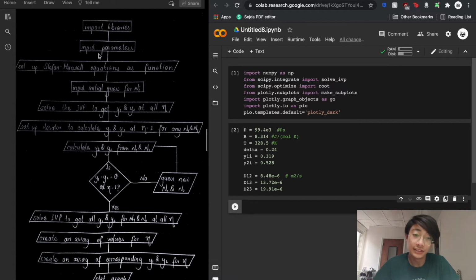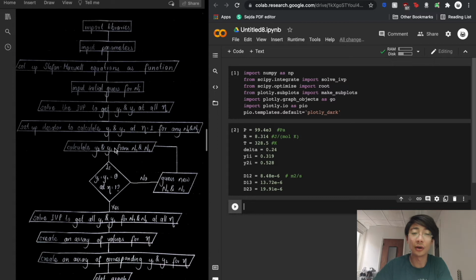So if the answer is yes, we're simply going to solve the IVP again, but this time we're going to use the actual n1 and n2, and from that we're going to get the values for y1 and y2. But if our y1 and y2 are not 0 at eta equals 1, we're going to make a new guess for our n1 and n2, and then we're going to keep doing this process until we get a point where a given value of n1 and n2 gives us y1 and y2 equals 0 at eta equals 1.